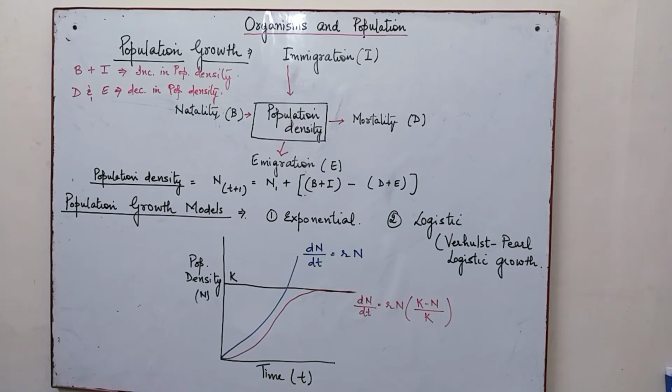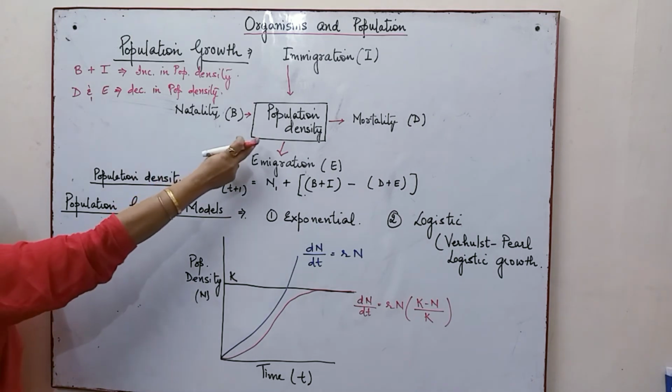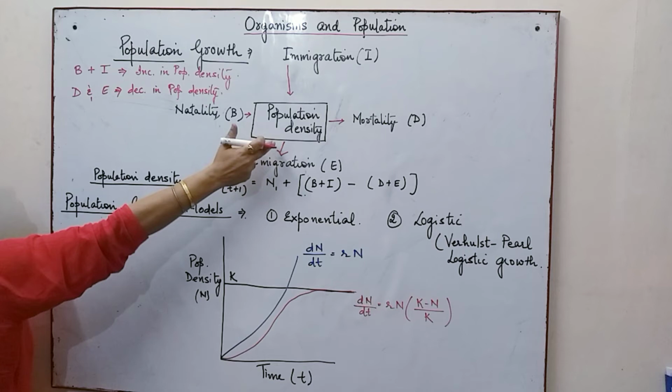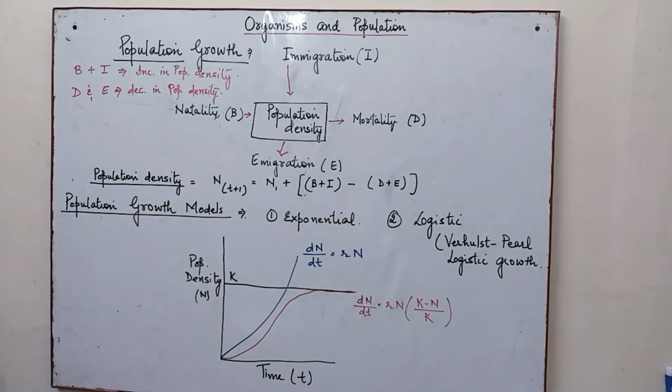If the number of deaths in a given population in a given period increases, the population density will decrease. Also, emigration is the number of individuals of that species leaving this particular habitat and moving to some other habitat, and the causes can again be different, like food availability, competition, predation, the prevailing weather conditions or other things.